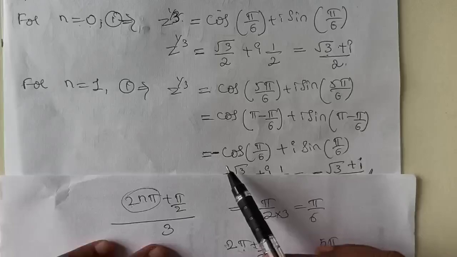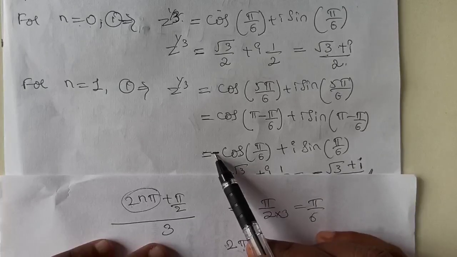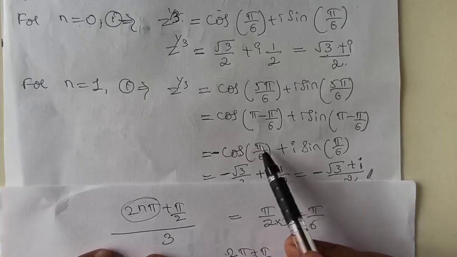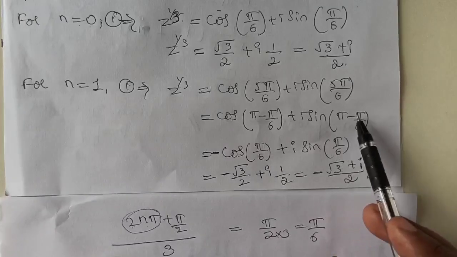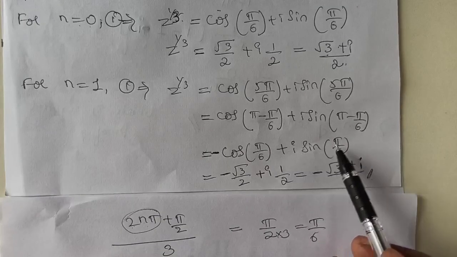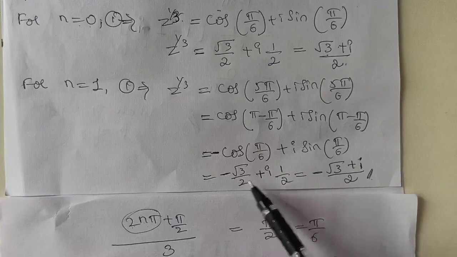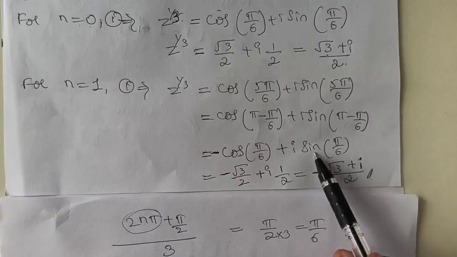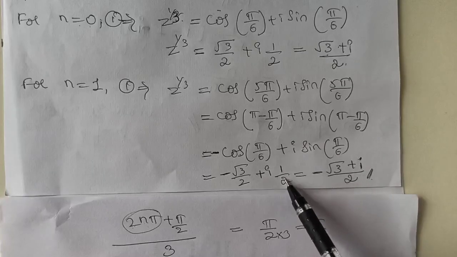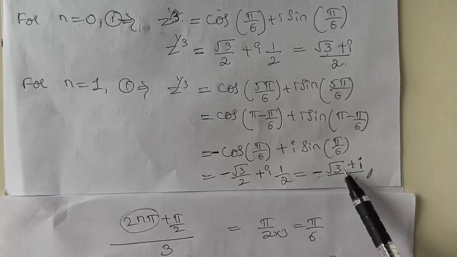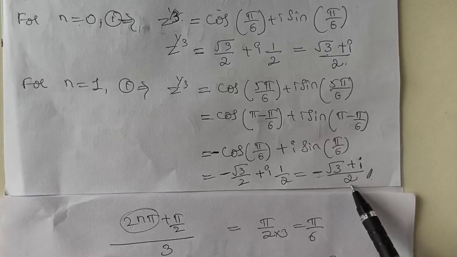In the second quadrant, the cos term is negative and sin is positive. Therefore, we take negative cos of pi by 6 plus i sin pi by 6. The cos pi by 6 value is root 3 by 2 and sin pi by 6 value is 1 by 2. Therefore, it is (minus root 3 plus i) divided by 2.